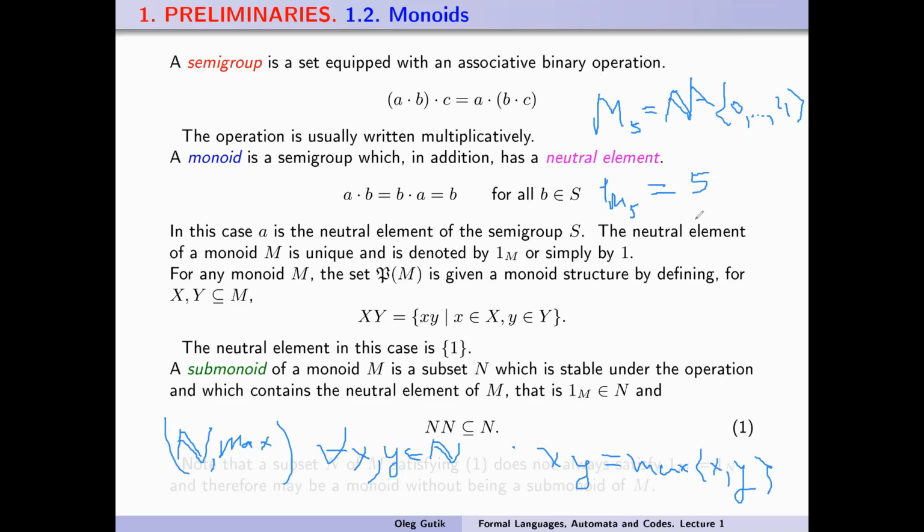Because 1 multiply 5 is equal to 5, and this contradicts the definition of unit element. So in this case, we shall say that M5 is a subsemigroup of N max, or N maximum, but M5 is not a submonoid of N maximum.